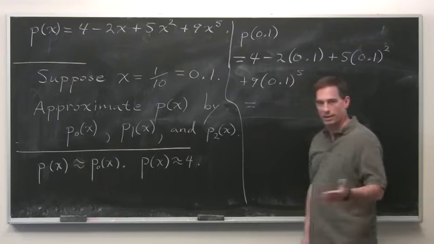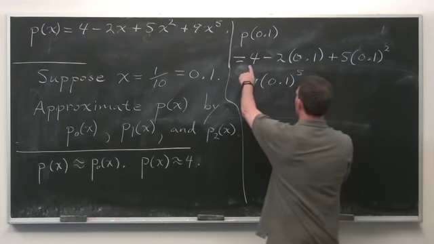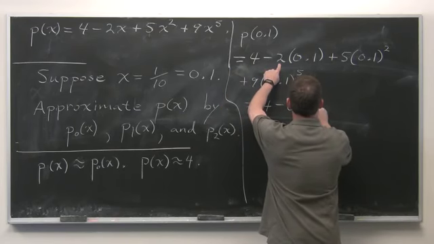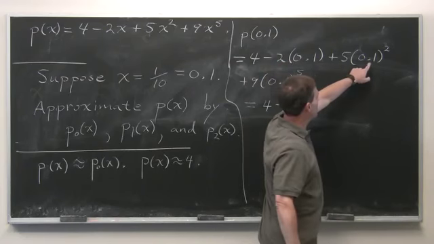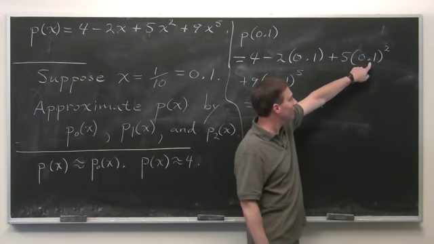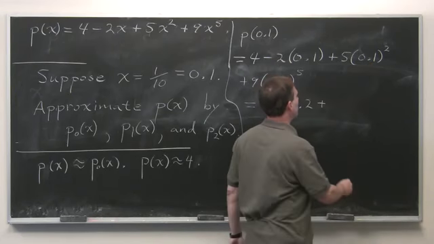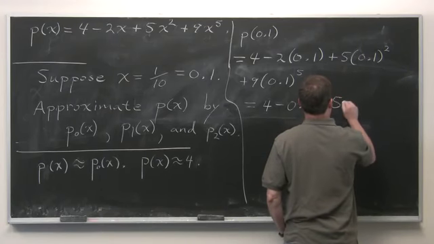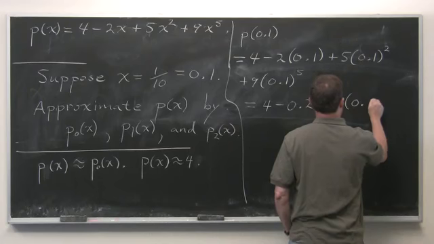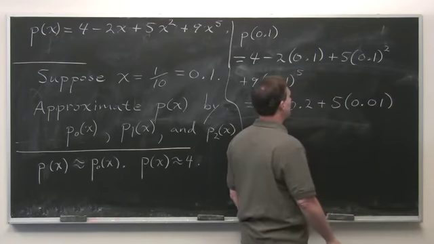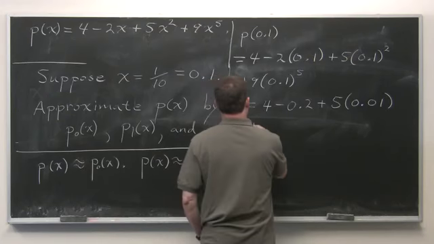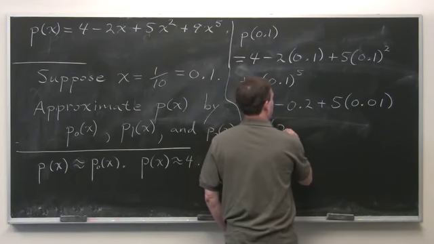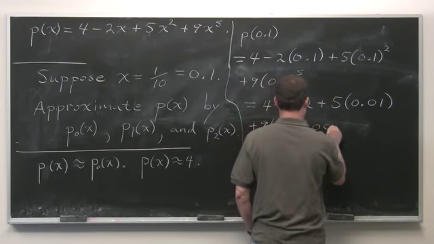Well, you might get out a calculator, but you shouldn't need to. This is 4 minus 0.2 plus, when you square a tenth, you get a hundredth, 0.01, and then plus 9 times 0.1 to the 5th, you get 0.00001.